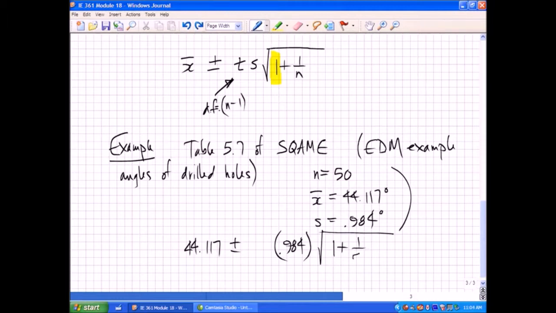So, 1 plus 1 over 50, and what goes here is, say, for 95% limits, what I need is the upper 2.5% point of the t-distribution with sample size minus 1, 49 degrees of freedom, and using JMP or some other statistical package or interpolating in a table, that number is about 2.01.